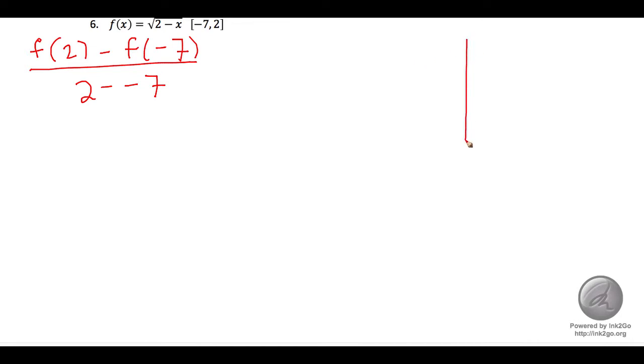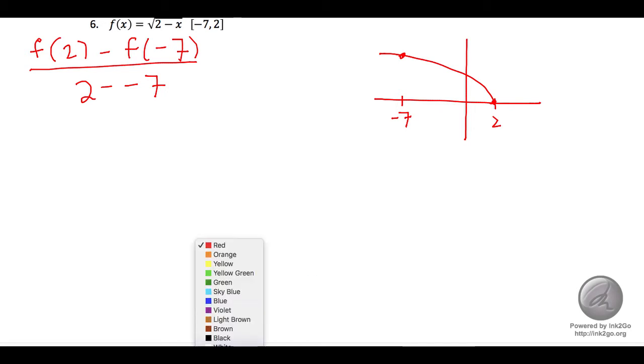Just to give you a visualization of what this looks like, here is 2, this is the square root function that goes this way, and we want to figure out from -7 to +2 the slope, the average rate of change of this particular line here.